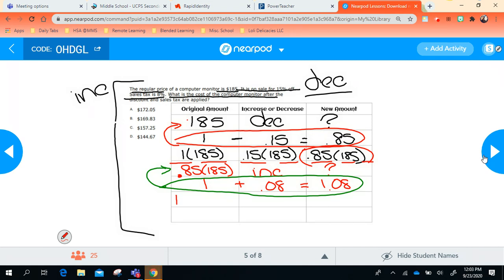Sometimes what I like to do is add the decimal at the end, but you can add it in the front too. So 1 times 0.85 times 185, or whatever combination of that. Sometimes, and I'm not saying this one. Well, I'll show you in the next one.